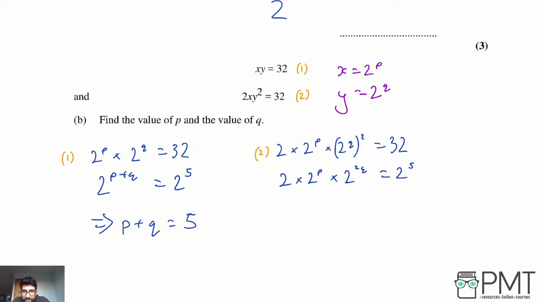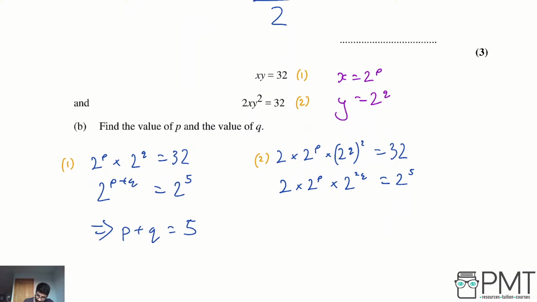And then, thank you, Sarah, 4 to the p plus 2q. So we have got, remember, we have got the 2 to the 1 there. We want to keep the base of 2. So adding the powers, we have got 1 plus p plus 2q equal to 2 to the 5.